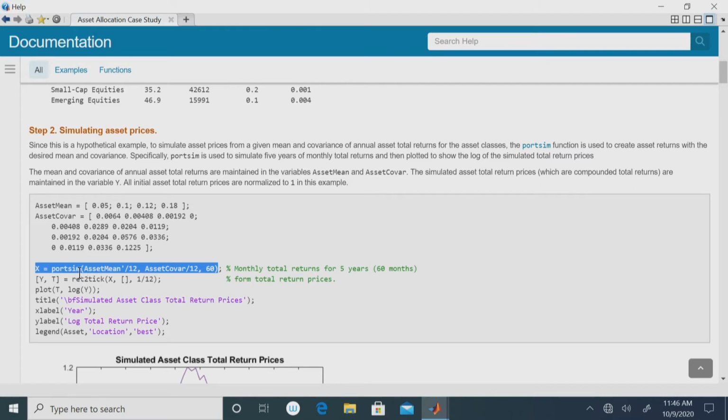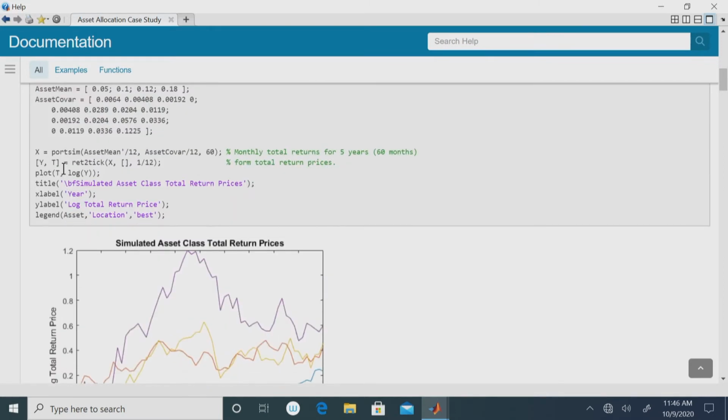Now, the value of x is the return value. You can convert that to the absolute value of the asset prices by using the command ret2tick, and this is going to be 1 by 12. This basically means that y is going to be a conversion of return to the price of the stocks that you have simulated.